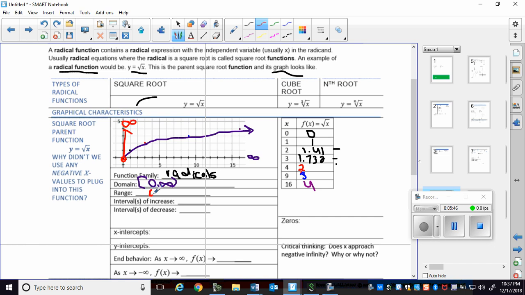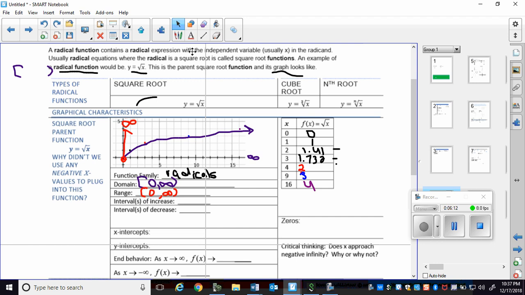So from 0 to positive infinity. Is there an interval of decreasing, increasing? Yes, the interval of increasing is that domain that I have right there. It's the domain. So I'm just going to copy that.